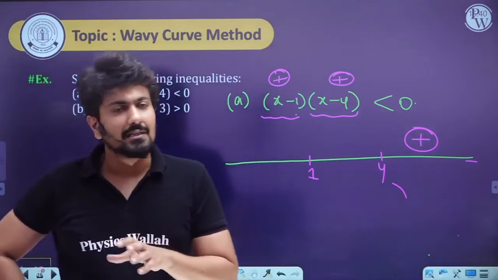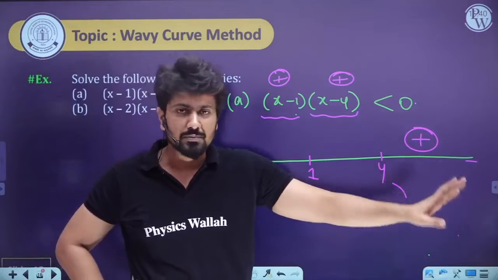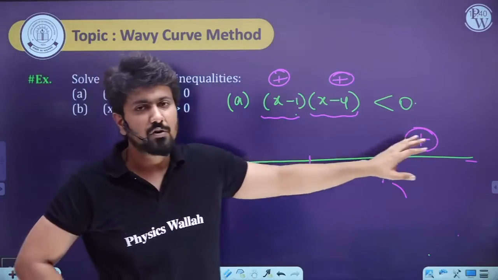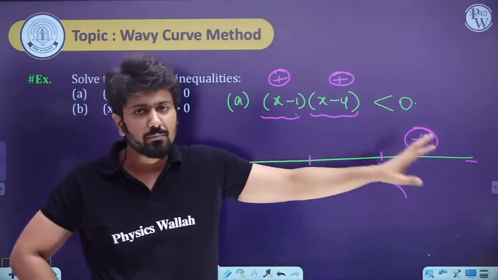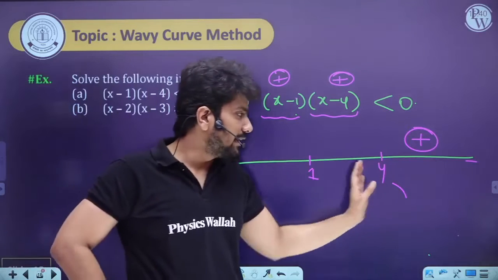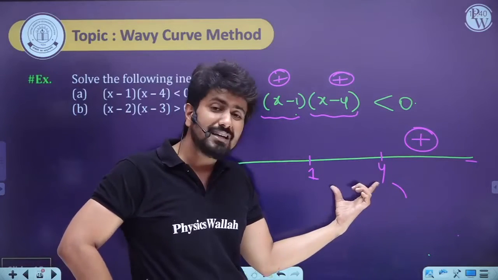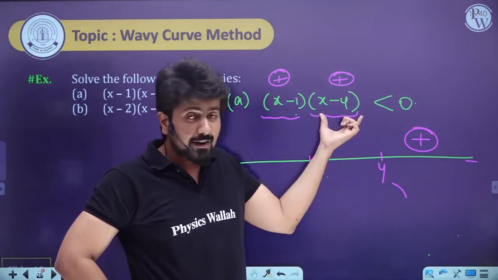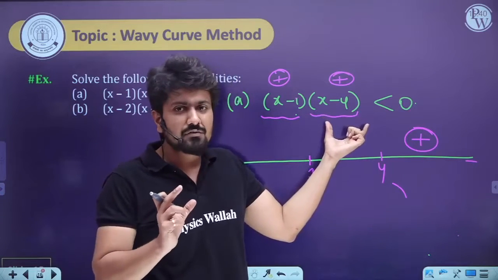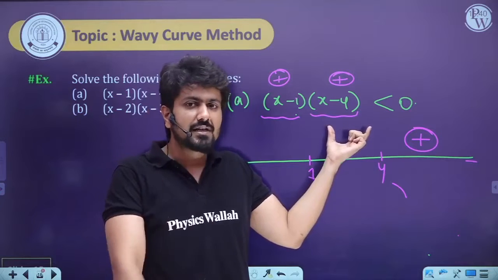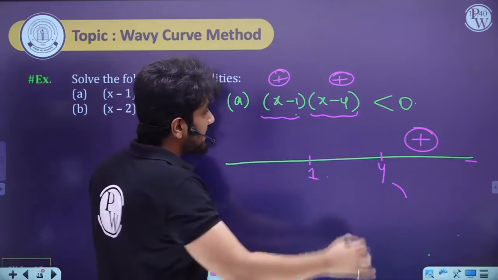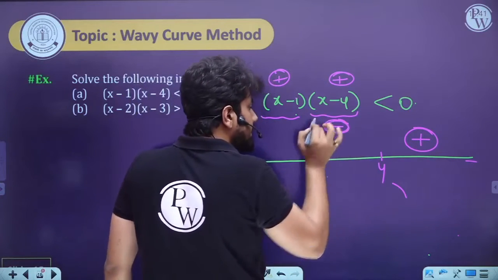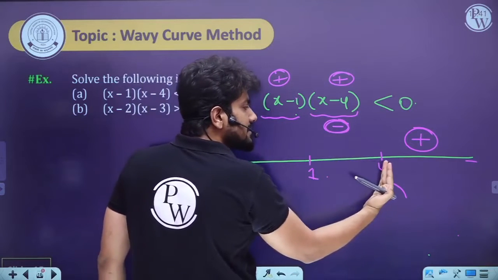So the basic is that to the right of 4, we have observed that both the factors are positive. So overall, we have put the positive sign. But to the left of 4, in this region between 1 and 4, what can we say? In this region, the factor x minus 4 will give you a negative sign, because x is less than 4.